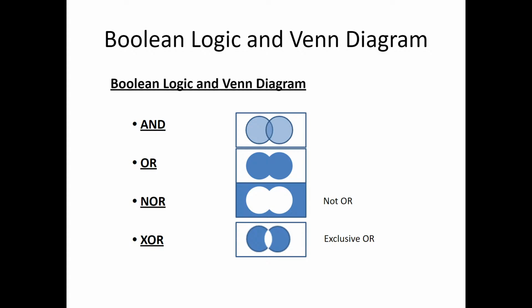Now we have the OR function, and so anything within those two circles will return true. The NOR function is essentially the exact opposite of OR, and so everything outside of the two circles will return true. And finally we have XOR, or exclusive OR, and so this will return everything except for that overlap and outside the two circles.